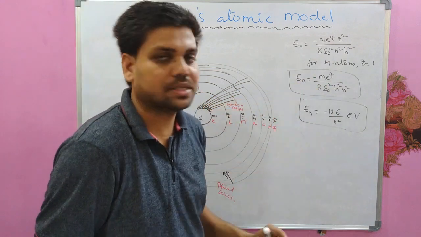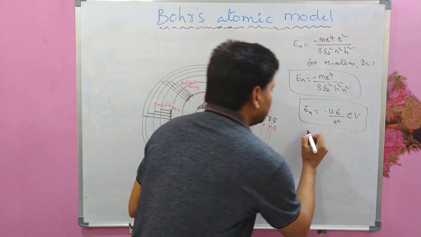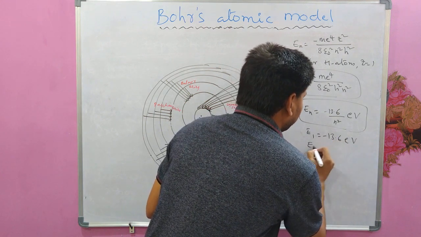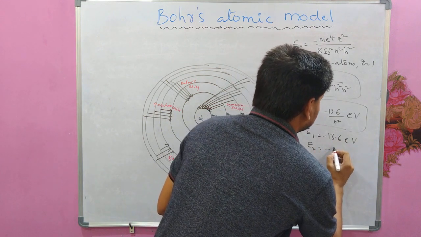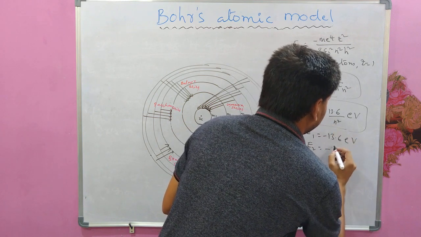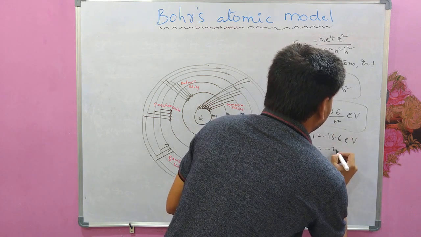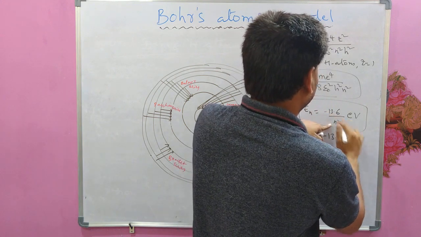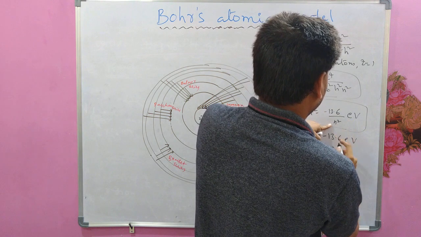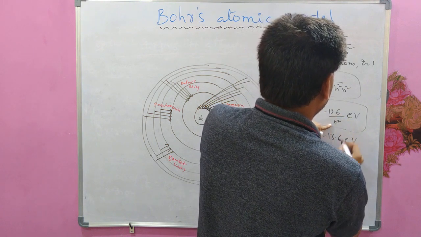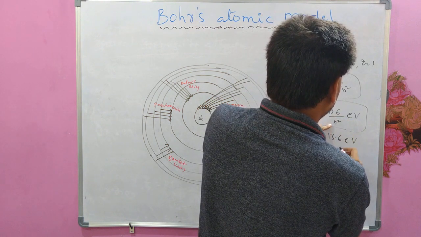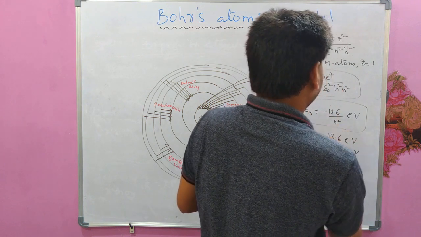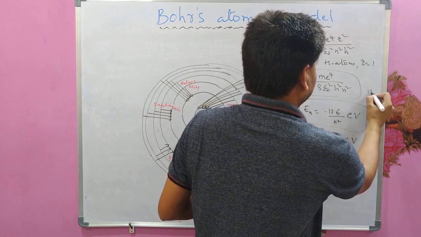because all are constants. Which means E1 is minus 13.6 electron volt, E2 is minus 13.6 by 4, how much? 3.4 electron volt.